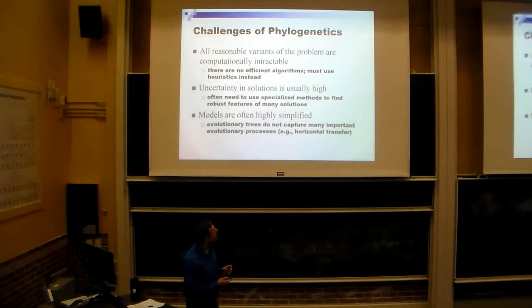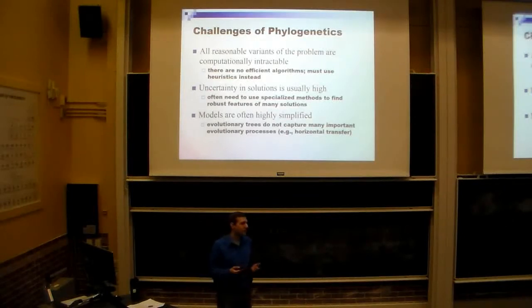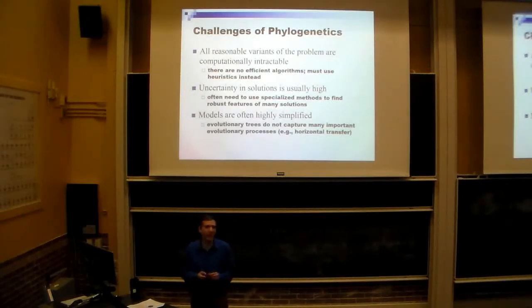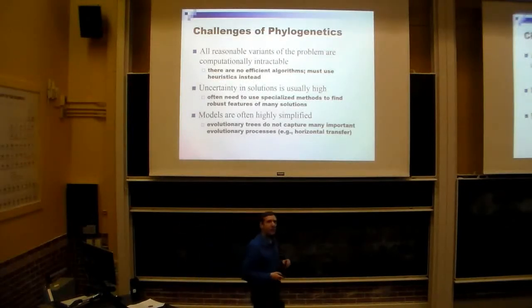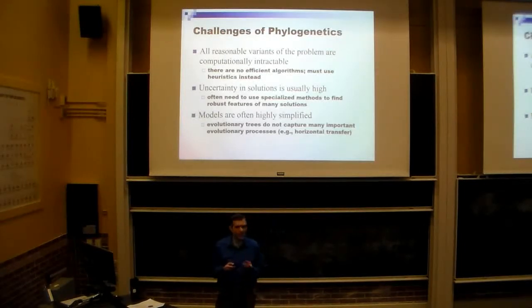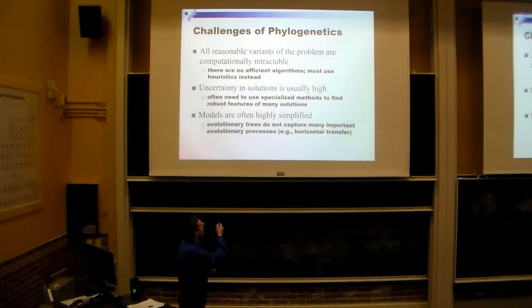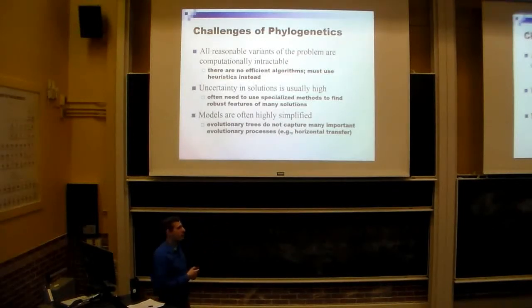And reasonably fast is usually a more technical definition, means it runs in time that is less than exponential in the amount of data you're trying to reconcile. So there is a formal technical definition, but generally intractable we would think of as being the problems where you're not going to be able to get the best possible answer reliably, except for very small data sets. And pretty much any version of phylogenetics falls into that category.